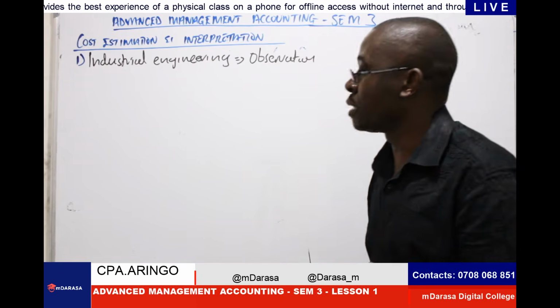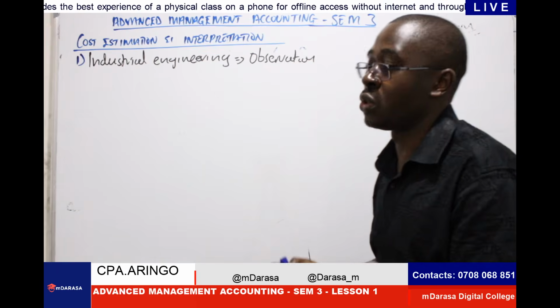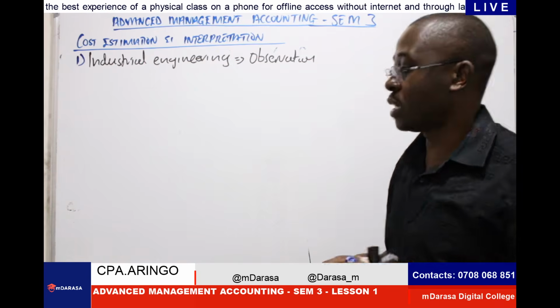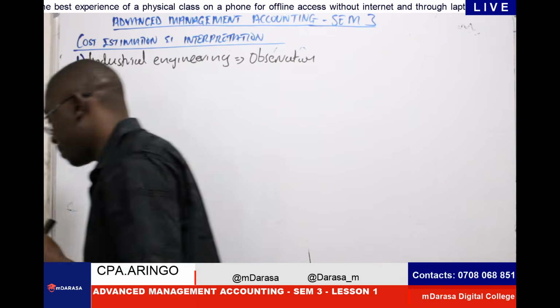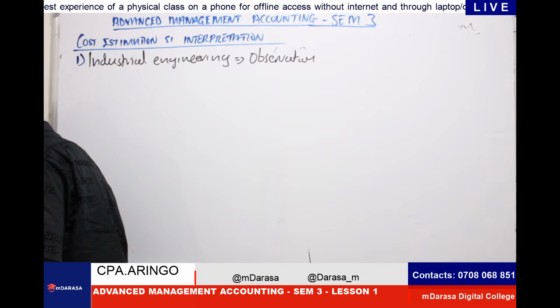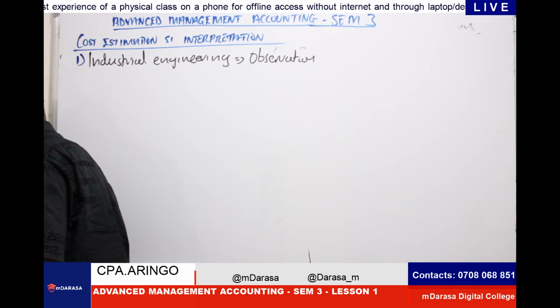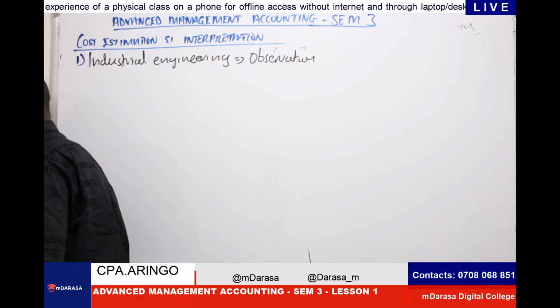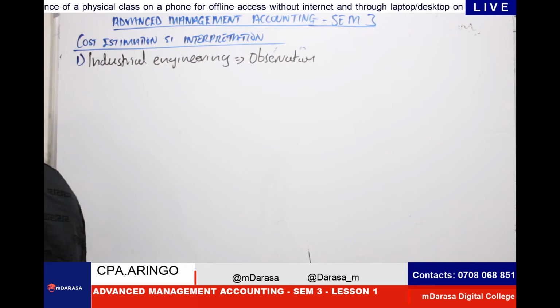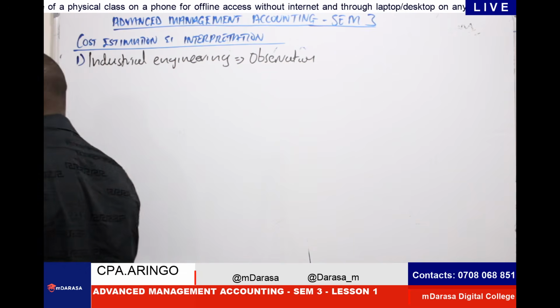I won't base it on previous data because it does not exist. That is the aspect of industrial engineering method, as simple as that. This is a cost estimation method that is used where no previous cost exists, and the teacher has clearly said it will be important. Why? Because our focus will majorly be on observation.